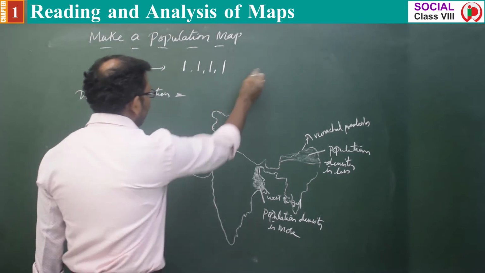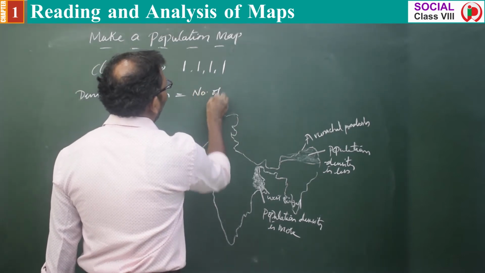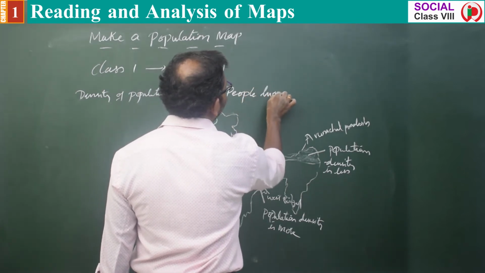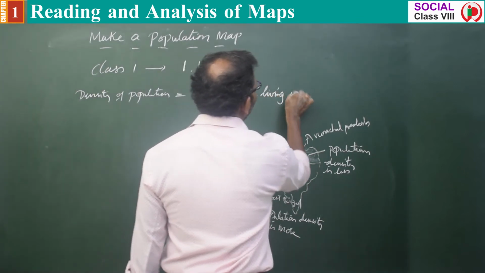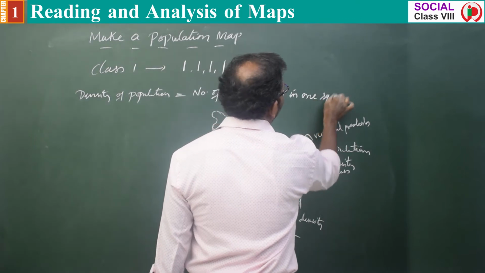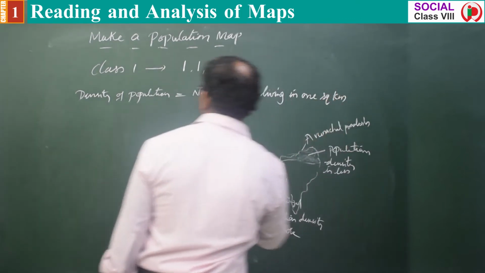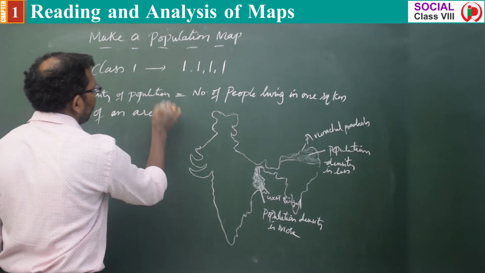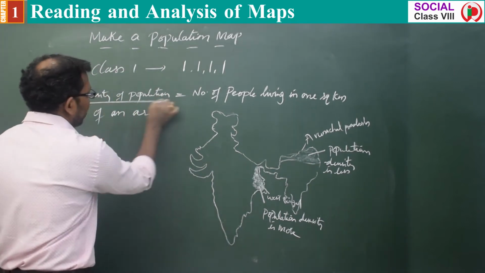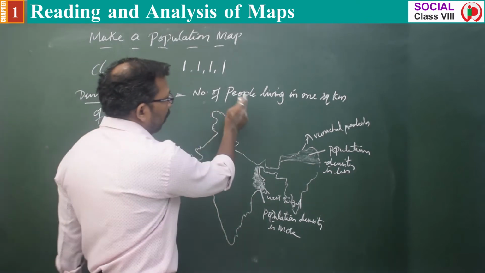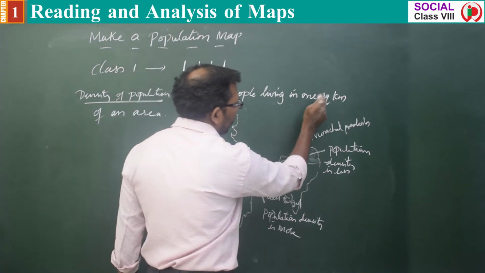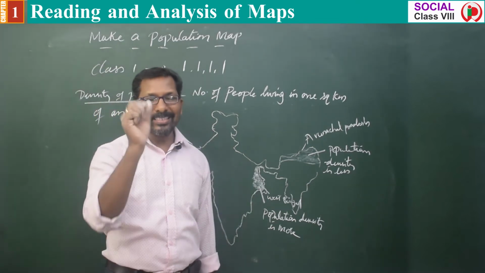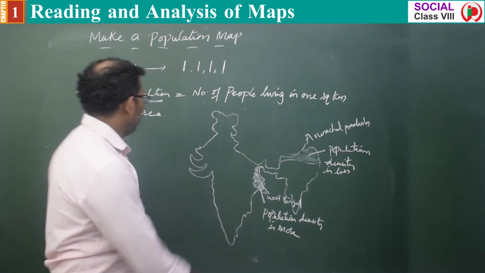Density of population is equal to the number of people living in 1 square kilometer of an area. The number of people living in 1 square kilometer of an area is called the density of population.